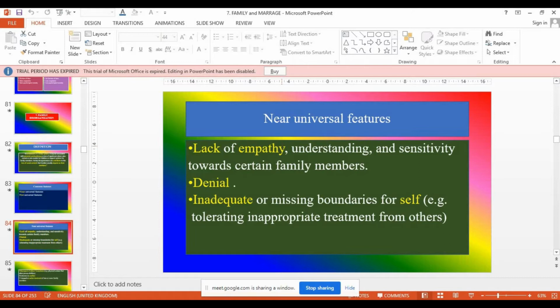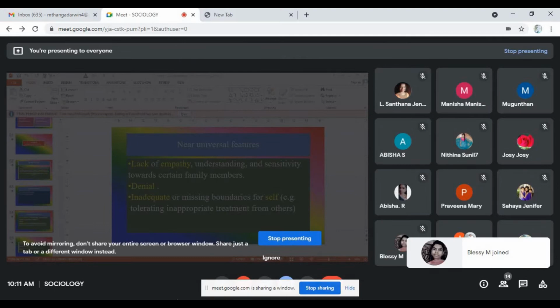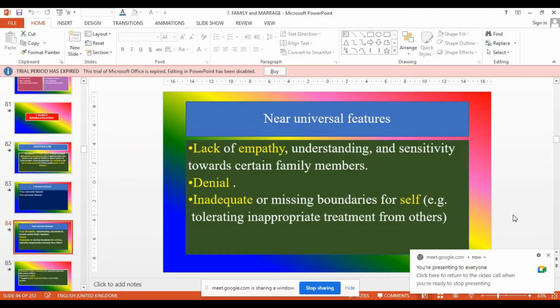Second, denial: not accepting due to various reasons. Then inadequate or missing boundaries for self. For example, inappropriate treatment from others.